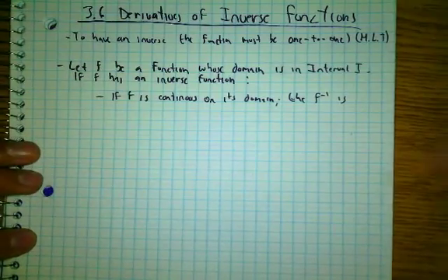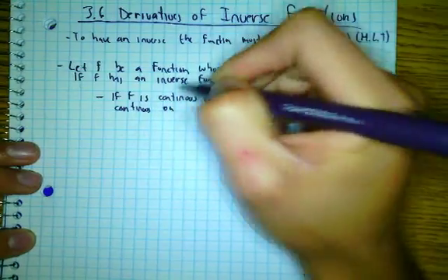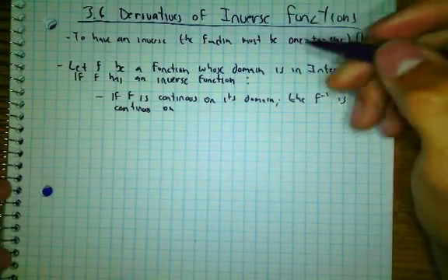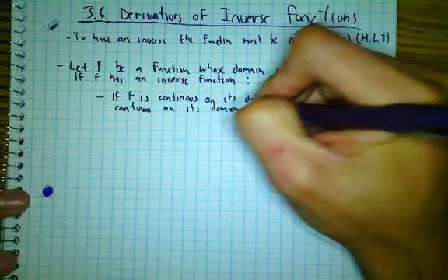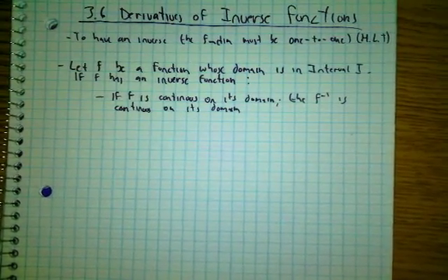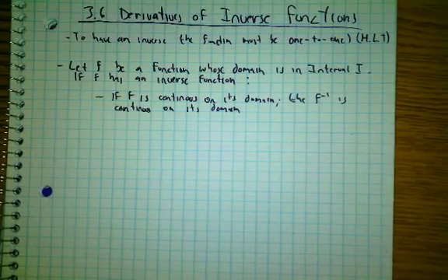Cool. It will also be continuous. I like how you try to make the variables, but that means it's still going to be continuous over its own domain. I agree with you that the domain of f becomes a range, but technically if we're talking about the domain of the inverse, it should still be continuous, which in your case would be the y of f of x. Agreed? Okay.